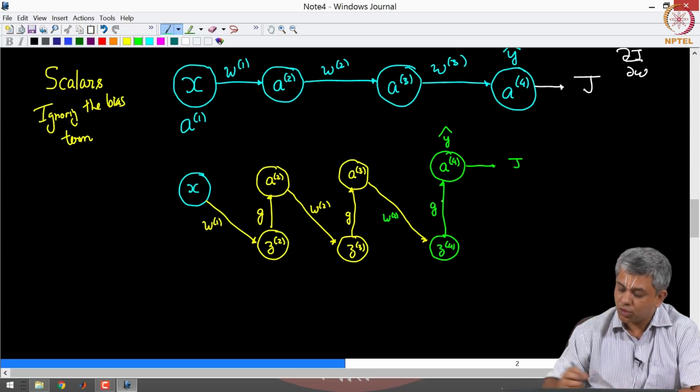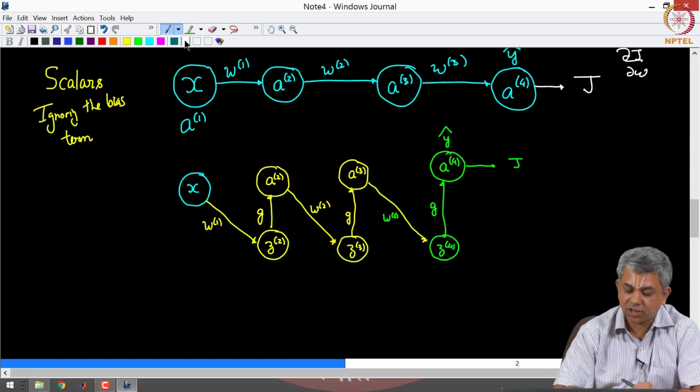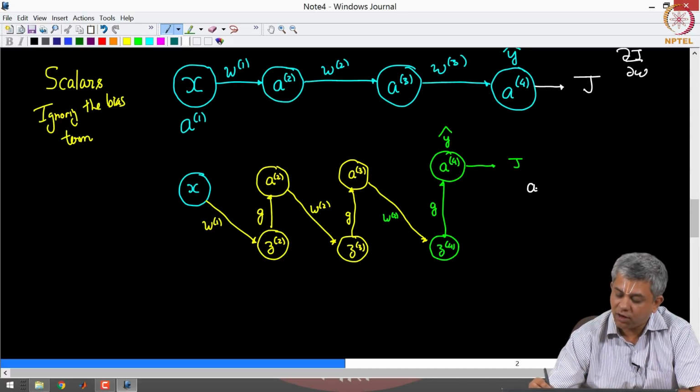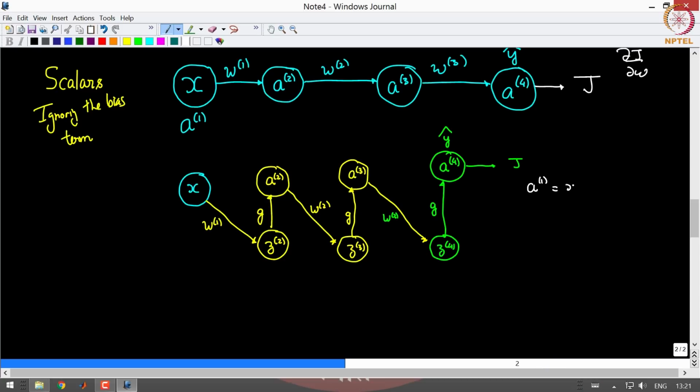Okay. So, let us write some expressions down just so that we can use them for clarity. A1 is the same as x, then if you notice here Z2 is equal to W1 A1, Z3 is equal to W2 A2, Z4 is equal to W3 times A3.